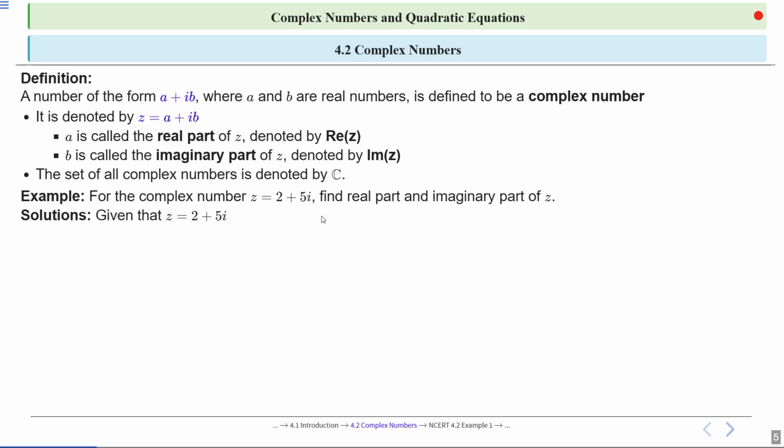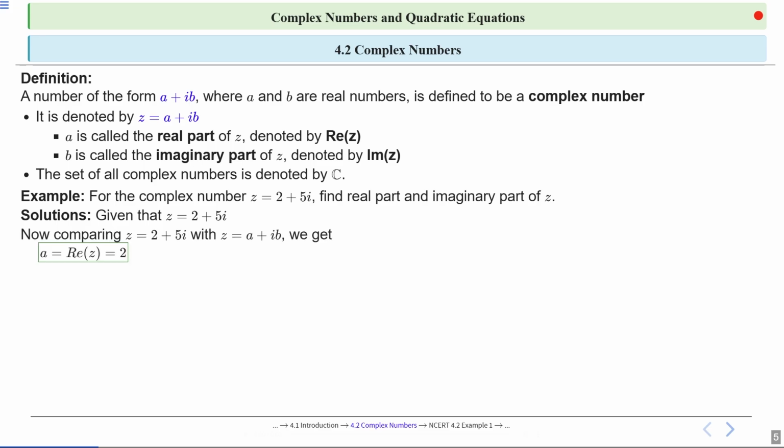So let's see how to solve this question. Given here z equal to 2 plus 5 times iota. Let's compare with the general form of a complex number z equal to a plus iota b. By matching up the terms, we can identify the values of a and b for this specific example.